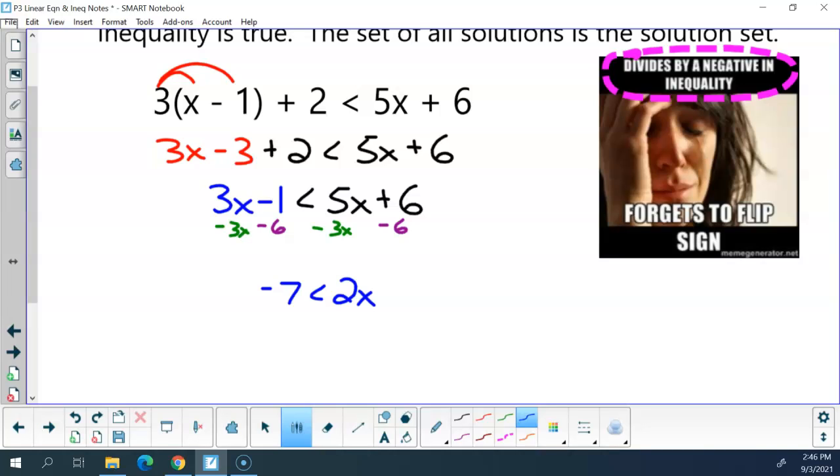We can divide by 2. And then that gives us negative 7 halves less than x. That's my answer. I don't flip the inequality in that case because I'm not dividing by negative 2.